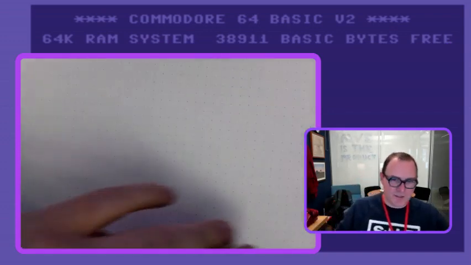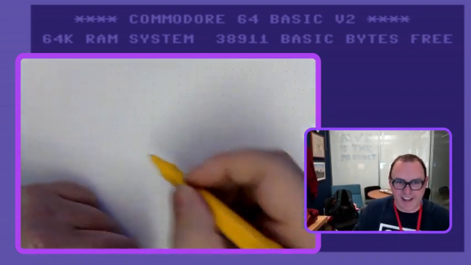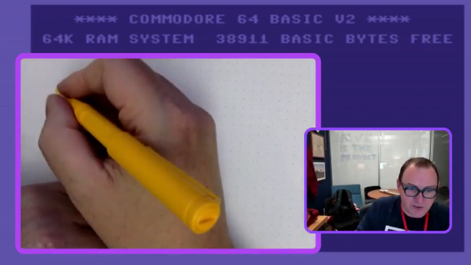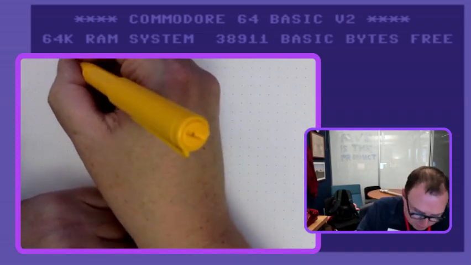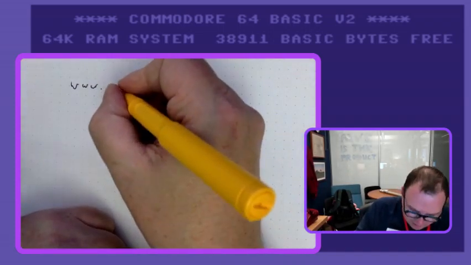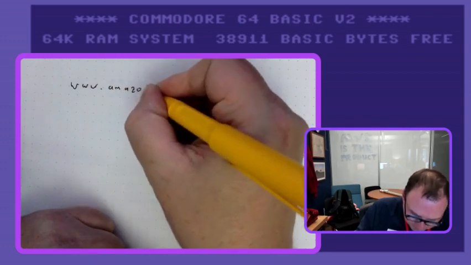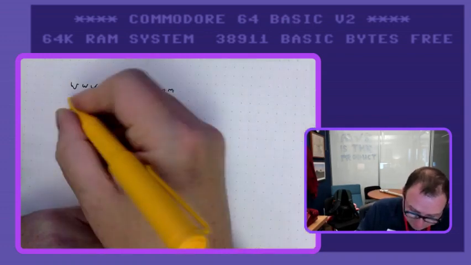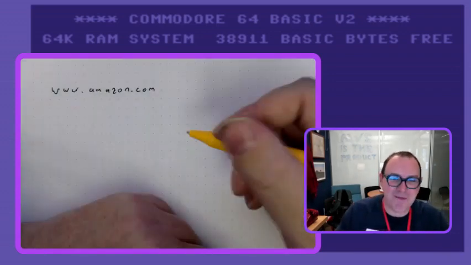So let's start with, we all know probably what a DNS name looks like, right? So I'm going to use a pretty straightforward example here. www.amazon.com, right? So that's a domain name, that whole thing.